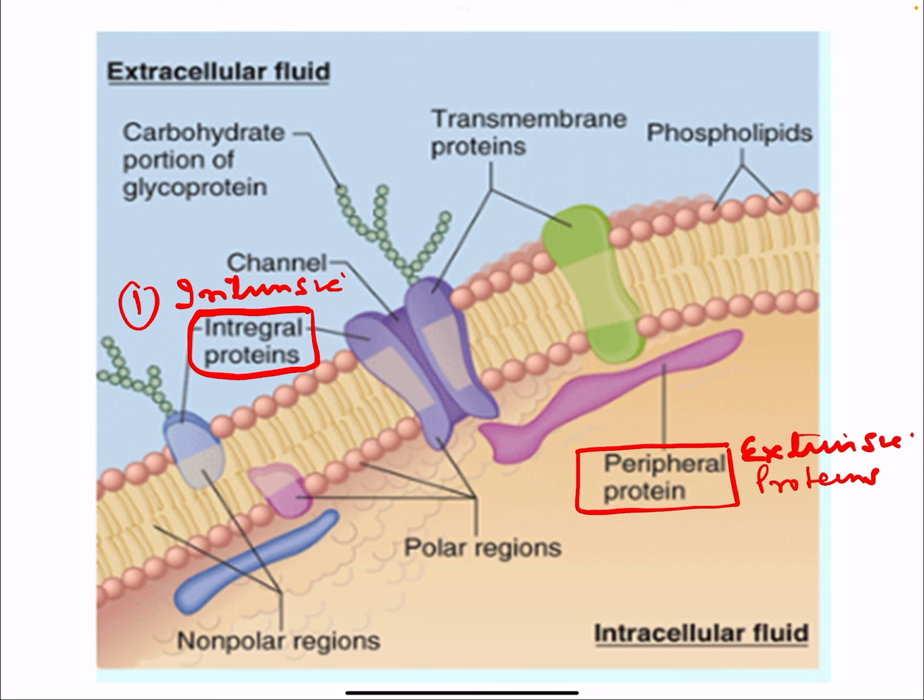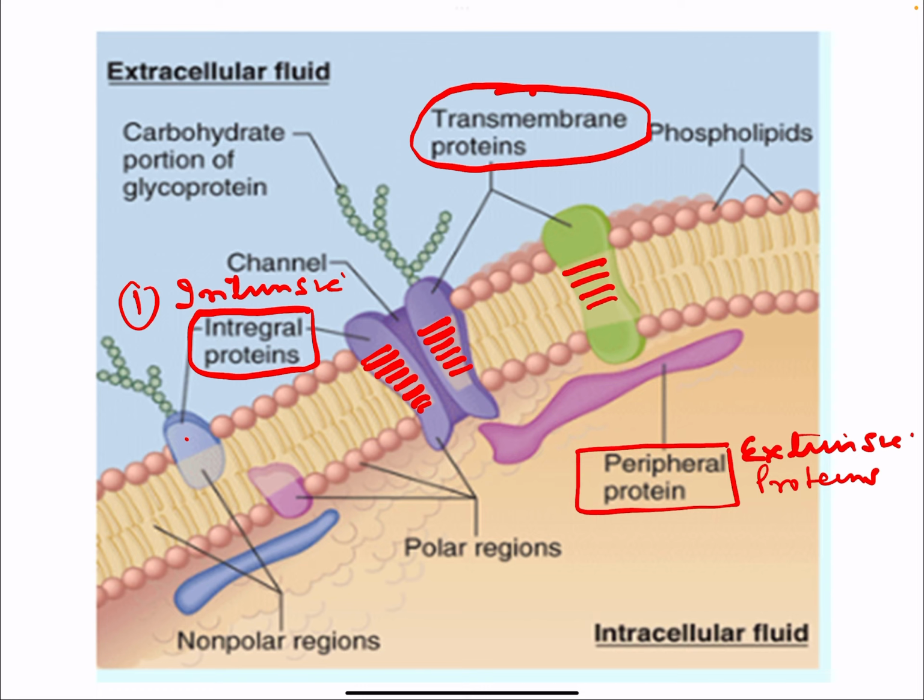So two types of proteins are there, and the integral proteins are embedded in the cell membrane, or they are the transmembrane proteins. In the integral protein, the central part of this protein, which is embedded with the lipid of this phospholipid, contains the hydrophobic amino acids.